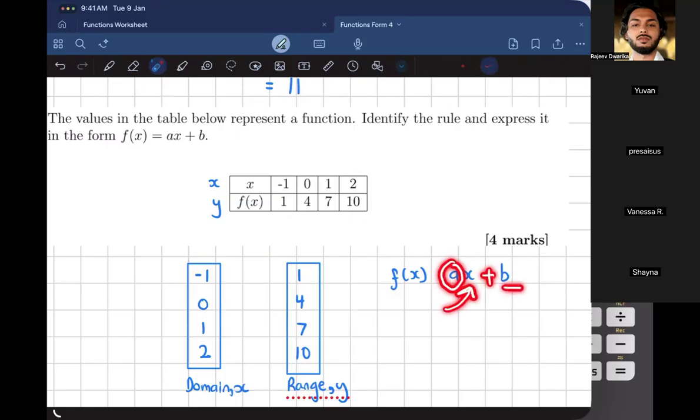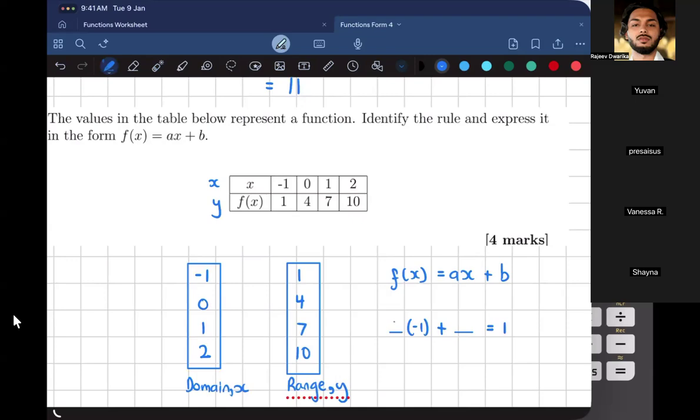Okay. So let me start off with -1. What do I have to multiply by -1 and then add something to it to get 1? 3, and then plus 1.